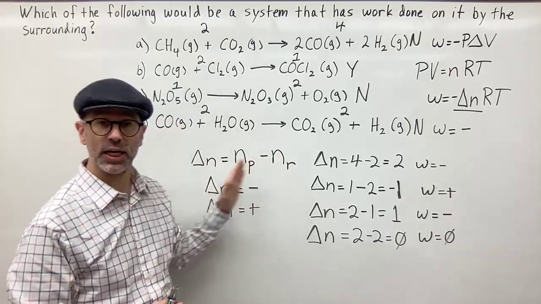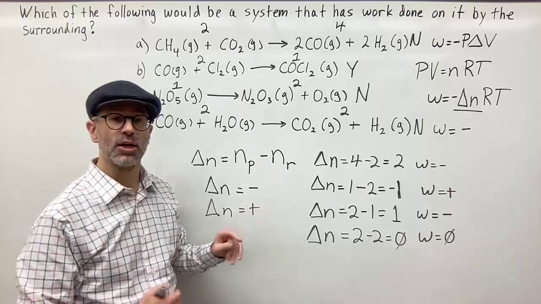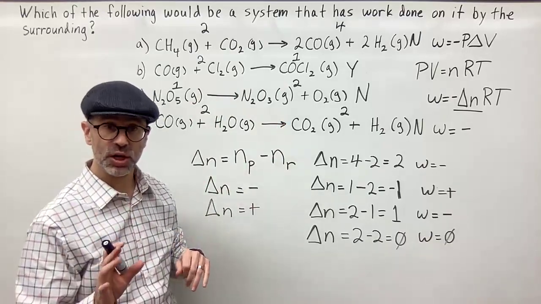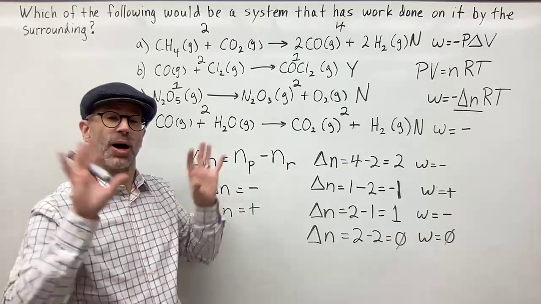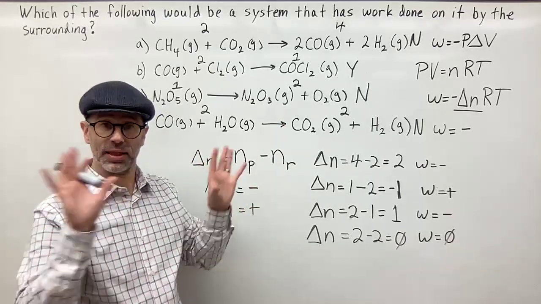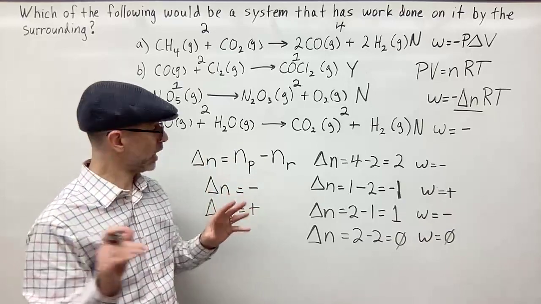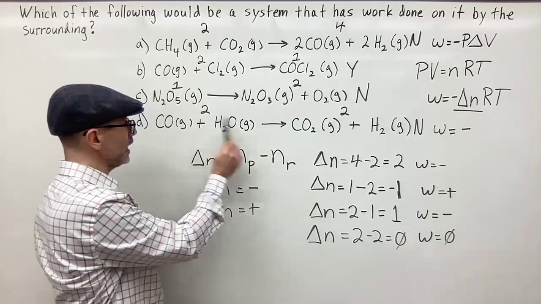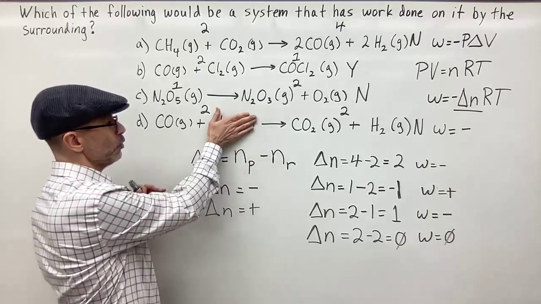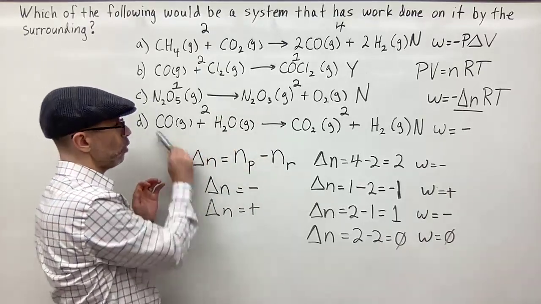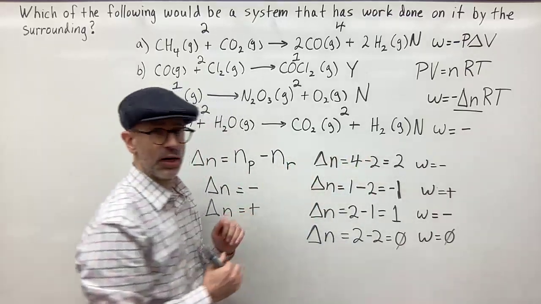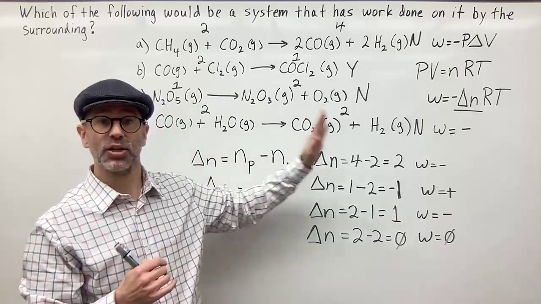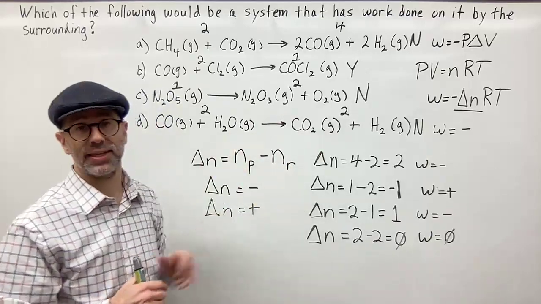Now, this is only for gases. If you had liquids and solids here, you wouldn't include those because those are not going to produce pressure on the container. So if you had a solid or a liquid, like liquid water, we would not include that. It would just be 1 mole and then 2 moles over here. So remember, if you have solids and liquids, you ignore those moles and just look at the gases.